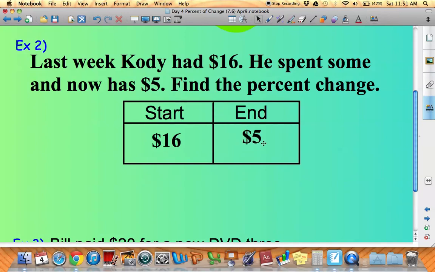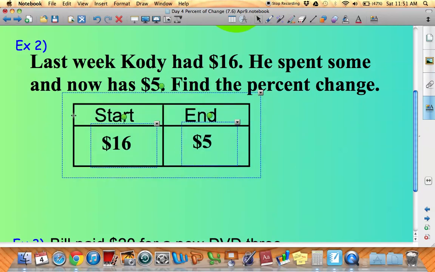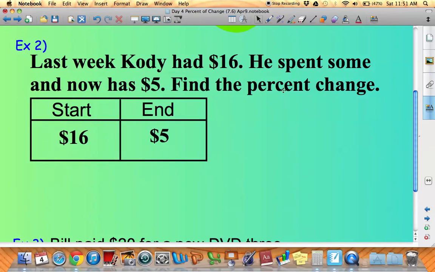Now he has $5, so that would be our ending amount. So make sure this step is included in your notes. I can go ahead and fill in the bottom of my fraction already because I know what the original amount is. I know that he's starting with 16.